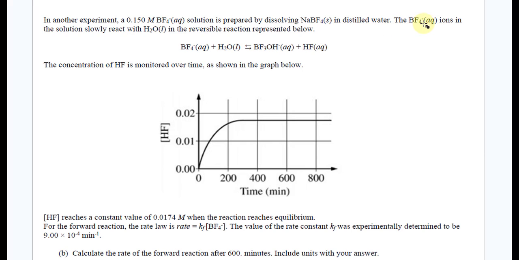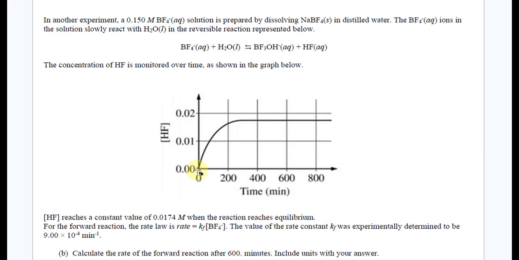The BF4 negative ions in the solution slowly react with water in the reversible reaction shown below. It's a slower reaction, so they've got it per minute. And interestingly, they are monitoring it by the concentration of the hydrofluoric acid that's produced.